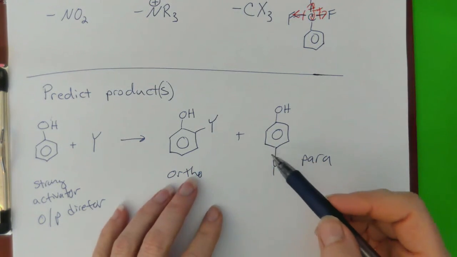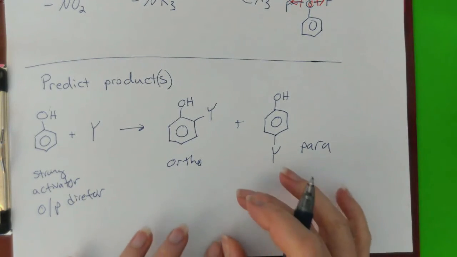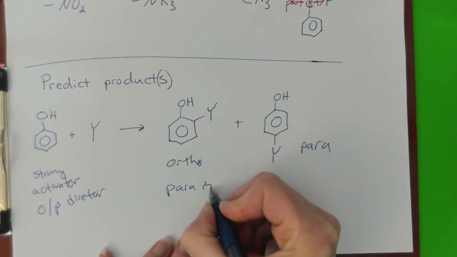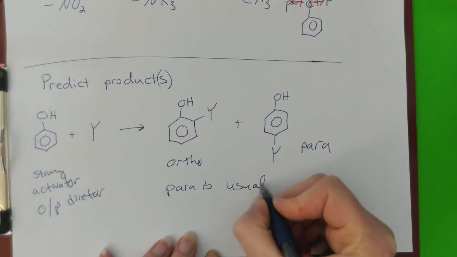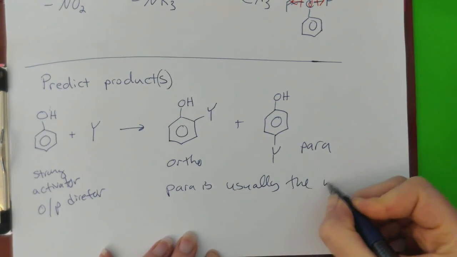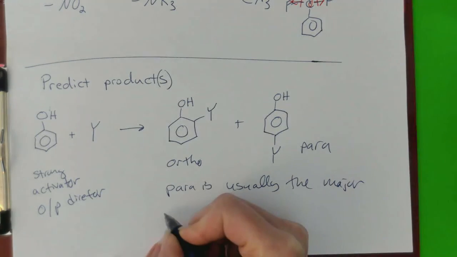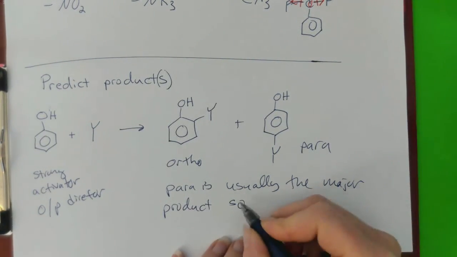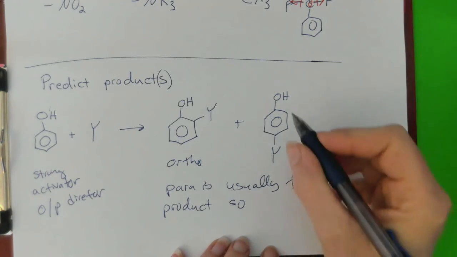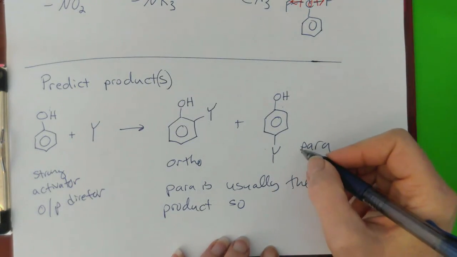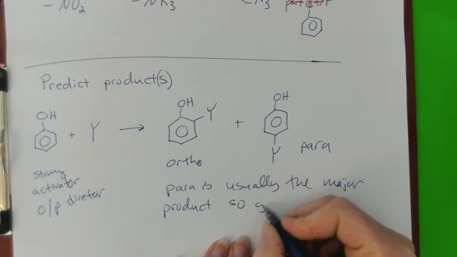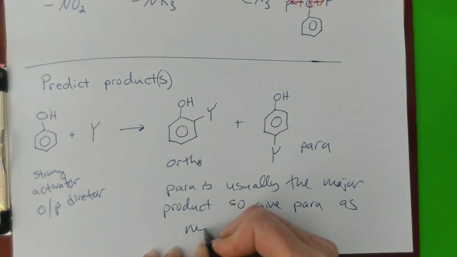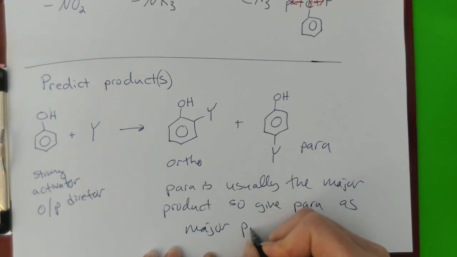So just to make your life easier, I'm going to tell you that para is usually the major product. So when you do these problems, give me the para product as the major product.